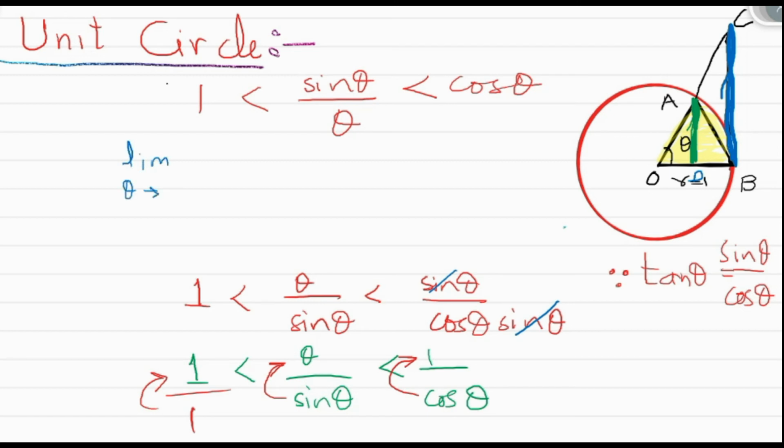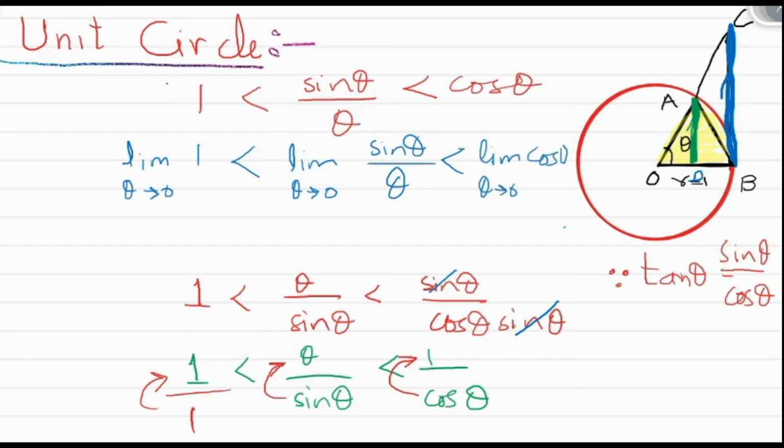Now I put the limit as theta approaches 0 in the whole inequality. So the limit as theta approaches 0 of sin theta over theta is less than the limit as theta approaches 0 of cos theta.